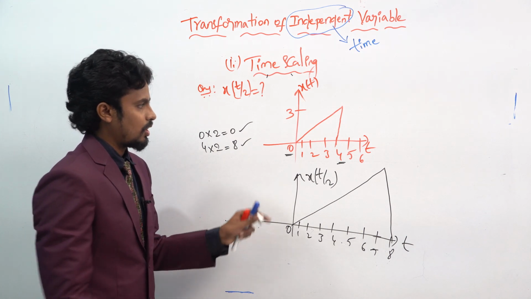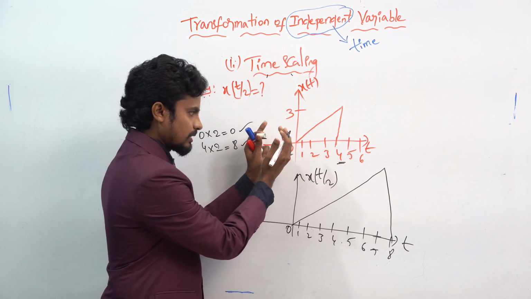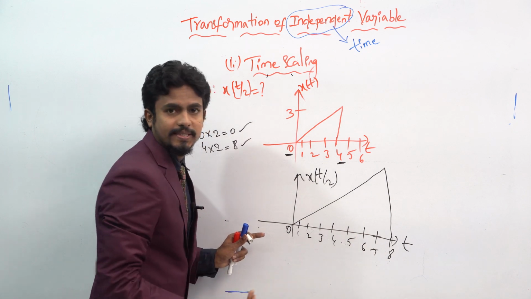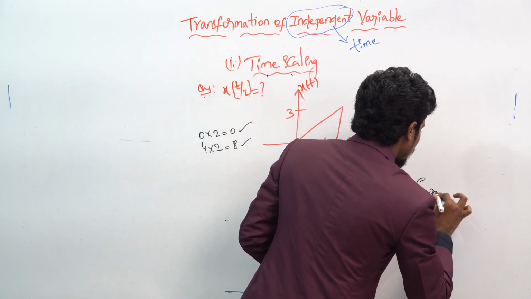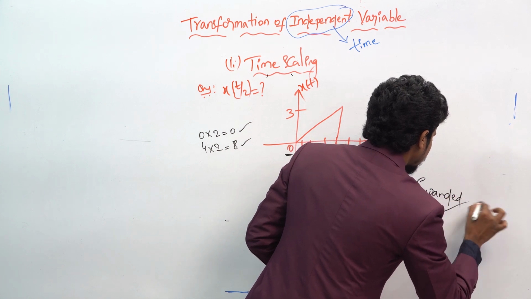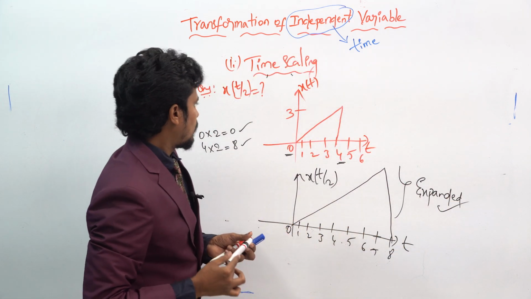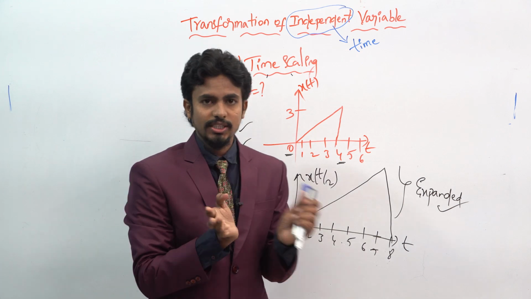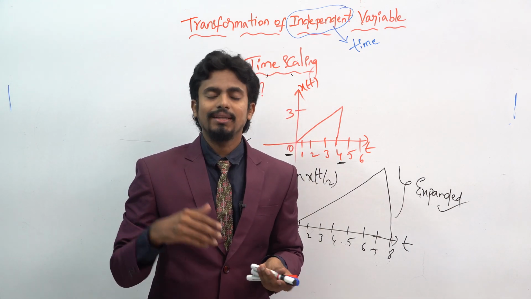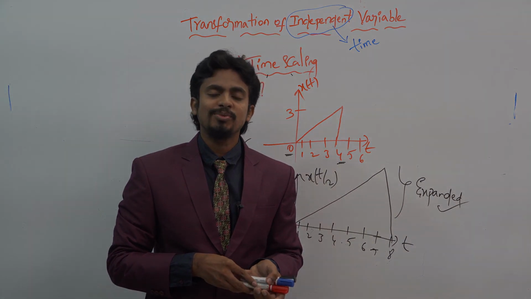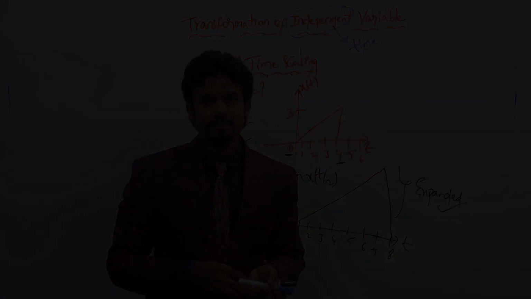Here you can observe, you are given this plot and you will get the plot like this. Hence this will be expanded, right? This will be expanded. So in this way we can solve the questions based on time scaling. In the next concept we will see what is meant by time reversal. Thank you.